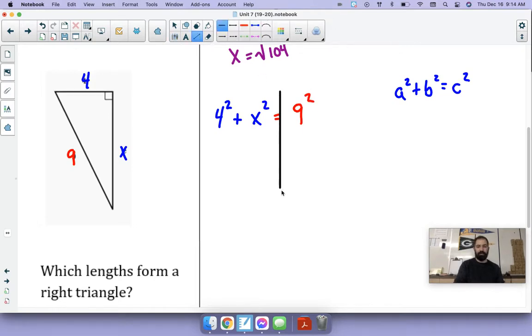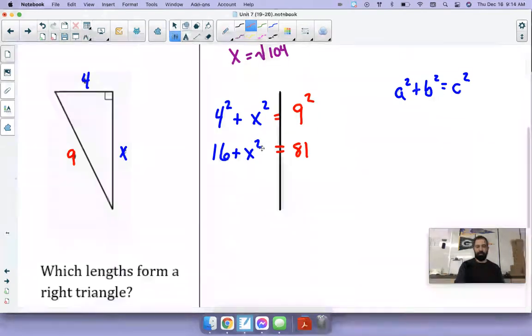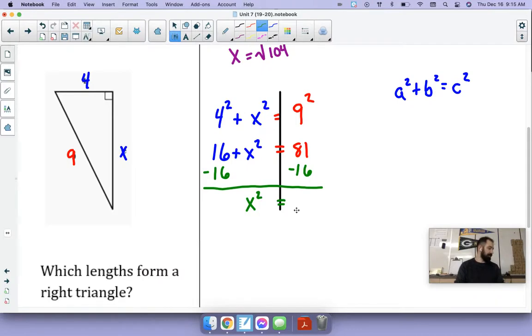Now let's solve this equation. This is 16 plus x squared, and that equals 81. We need to get the x squared by itself before we can take a square root, so let's subtract 16 from both sides. When we do that, we get x squared equals 81 minus 16, which is 65.